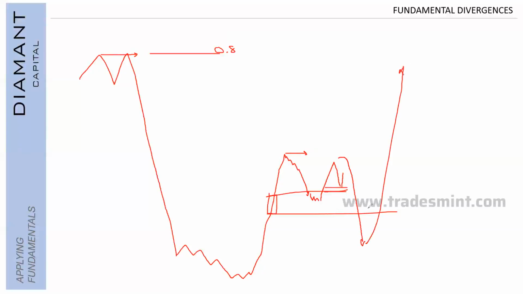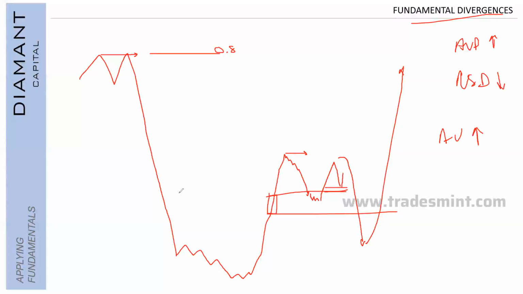But because I had the perfect entry, because I understood the fundamental divergences between AUD USD, AUD was going up, USD was depreciating, therefore AUD USD goes up. This is exactly what you're going to be looking for, and that's what I want to be teaching you guys and drilling literally into your head when you're looking at your pairs, when you're trading.